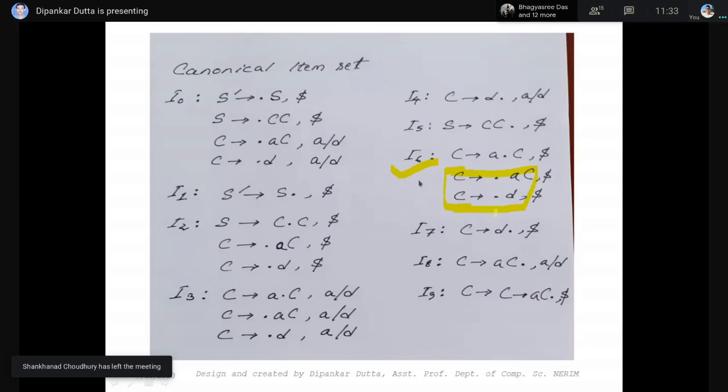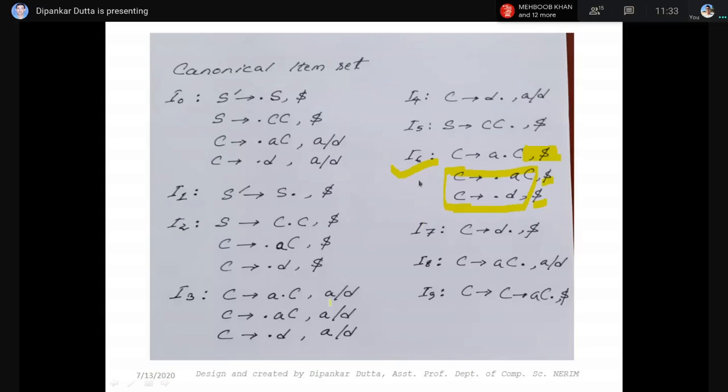Then what will be the look ahead for these two closures? How to calculate? Beta dollar. First of beta dollar. Always remember. Add dollar here. Very simple. No need to worry. Done.